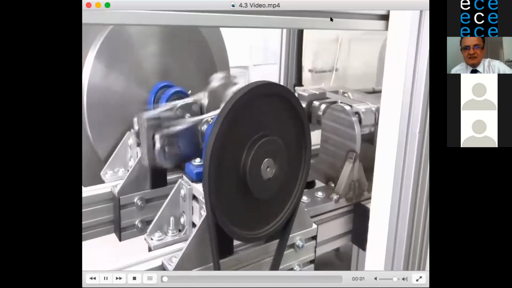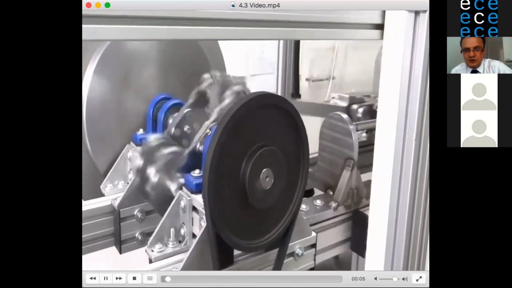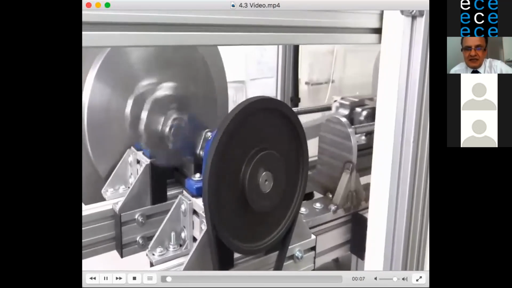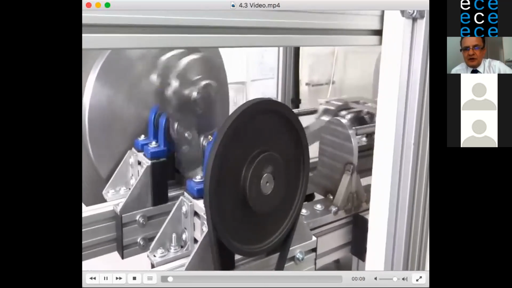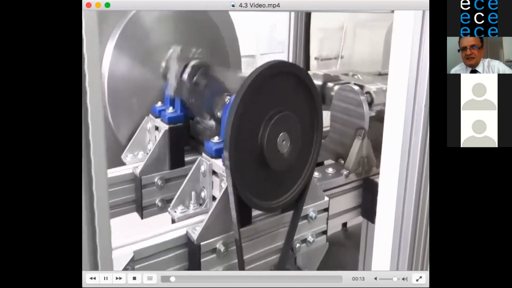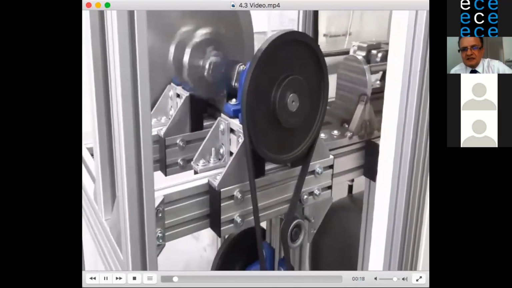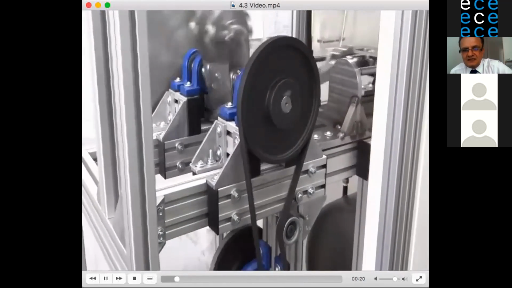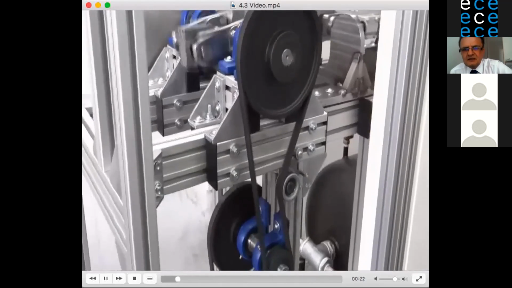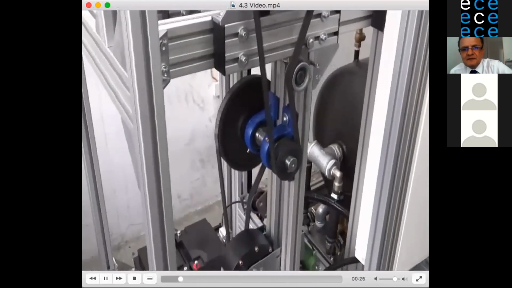This is the machine which is responsible for utilizing the stored energy. It is composed of a slider crank mechanism, which is connected through some gears with a power generator. Our generator is somewhere downstairs here.